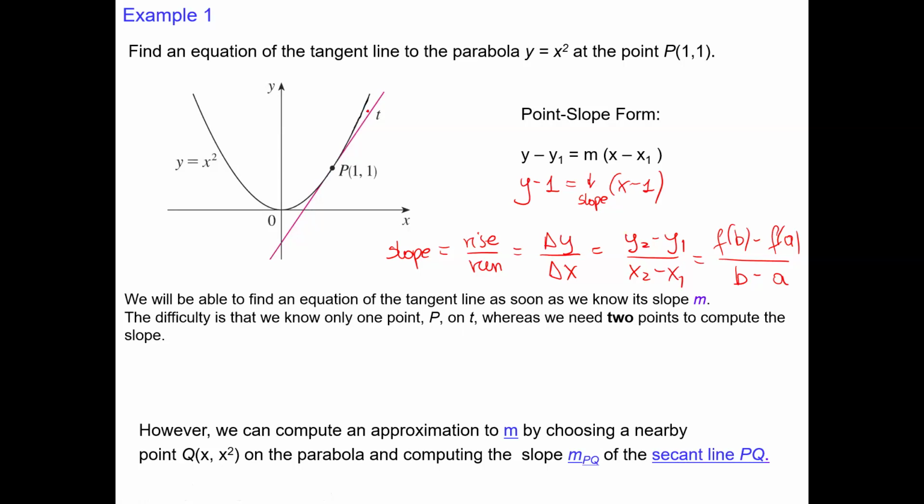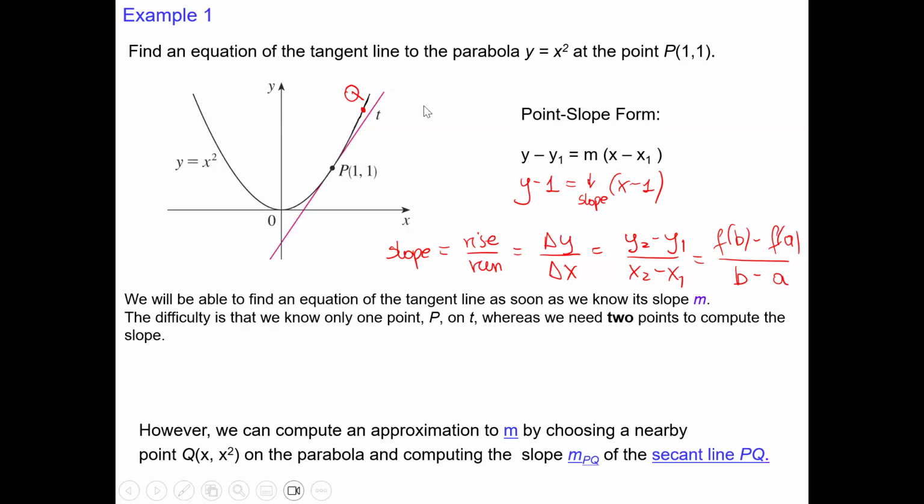I can find point Q somewhere here. We need the point on the curve because we don't have an equation. Now when I connect these two points, it will be easy to find the slope of the line. It will be a secant, but not exactly a tangent line. Let's maybe do it.